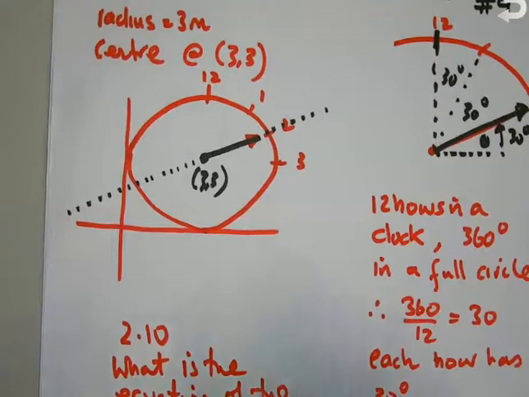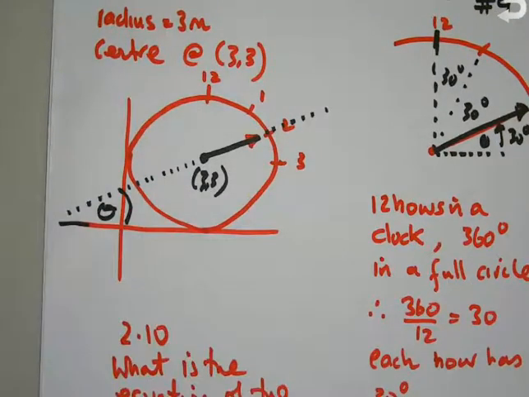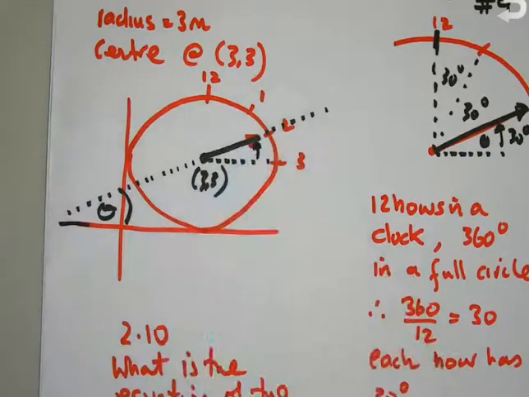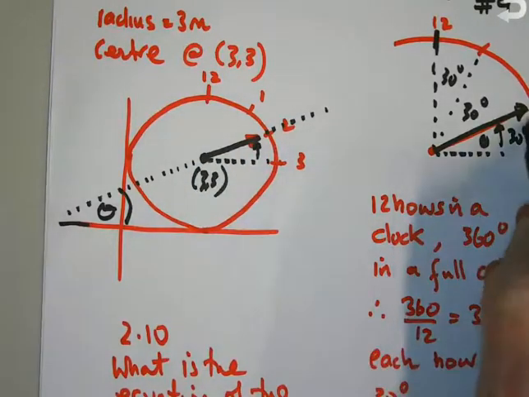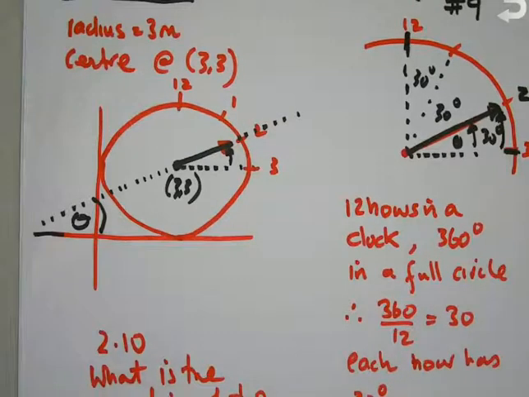So if I go back up to my circle, this is theta that I'm interested in, and because of corresponding angles, that's the same size as that angle, which is the same size as that angle. So in this particular case, theta is 30 degrees.